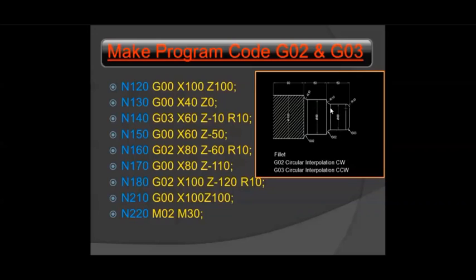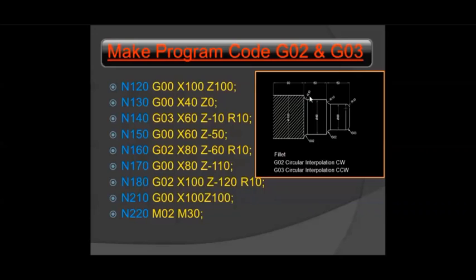Here tool is in this position, X80 Z minus 110, sorry, G02 X80 Z minus 60 R10. Now G00 X80 Z minus 110 and G02 X100 Z minus 110 R10.